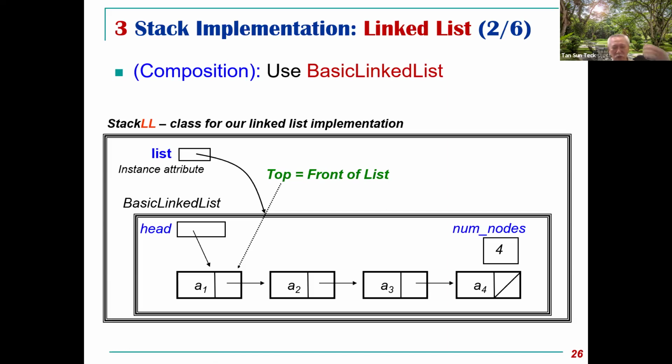So you use the methods inside the basic linked list class to create the methods for your stack. To push, you call the basic linked list operation add head to add a new value. To pop, to remove something from the stack, you use the basic linked list method remove head to remove the first element. Therefore, you have this stack implementation using a linked list.